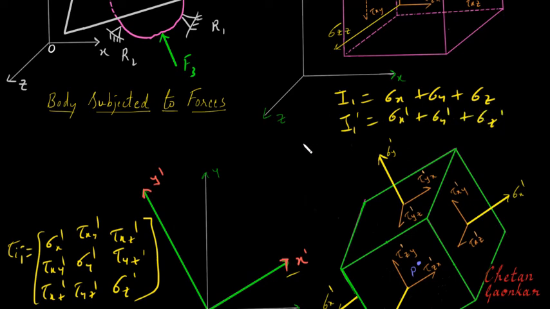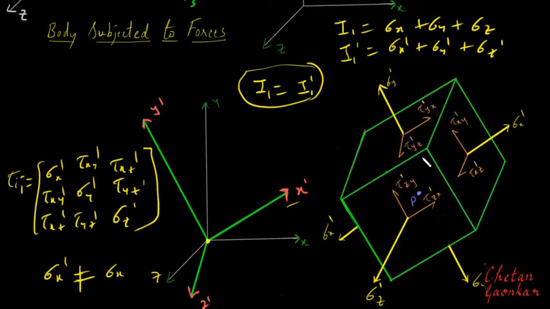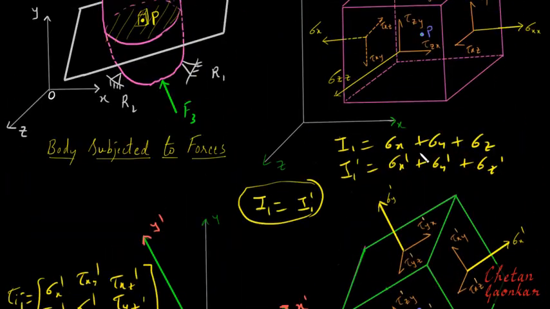But one will easily be able to observe that I1 is equal to I1 dash. So this combination of stress, the addition of the three normal stresses, will not change with a different frame of reference. Of course, the individual stress values will change as we change the frame of reference, but certain combinations of these values, the first being sigma x plus sigma y plus sigma z, stay the same.